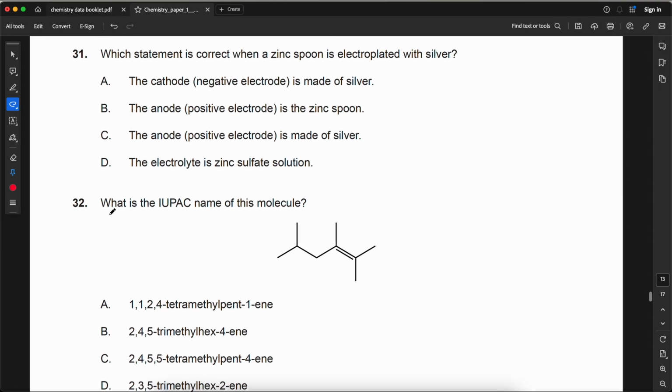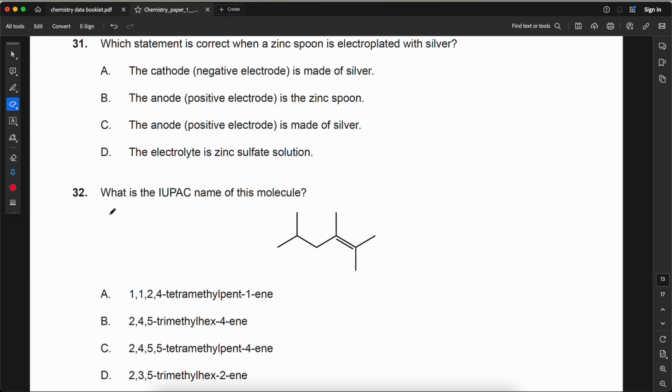Which statement is correct when a zinc spoon is electroplated with silver? So this is an example of electroplating. This is the spoon, and this is the wire, and this is the solution.